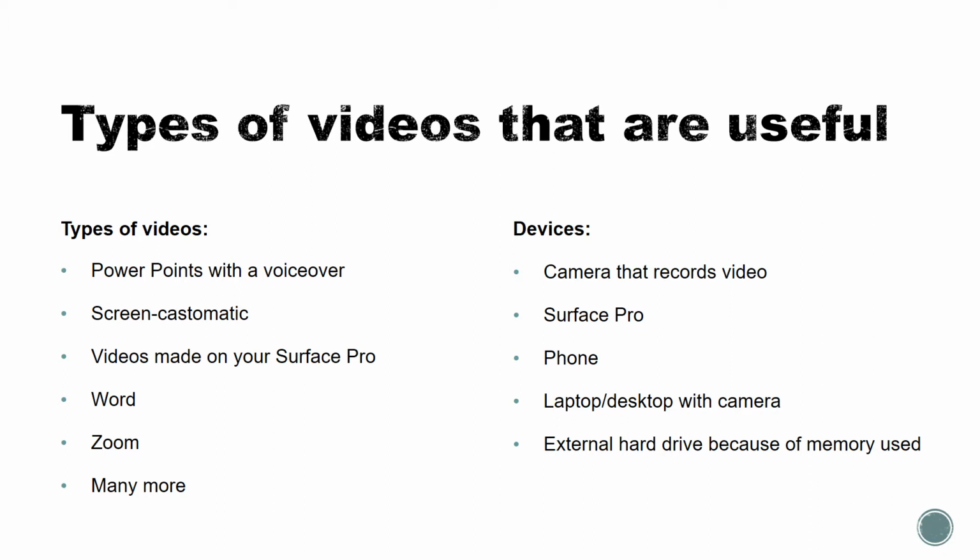So if you're going to record a lot, then external hard drive or an SD card in your camera with plenty of memory. And the nice thing about YouTube is once they're in there, you don't have to keep them on your computer to use up all that space.